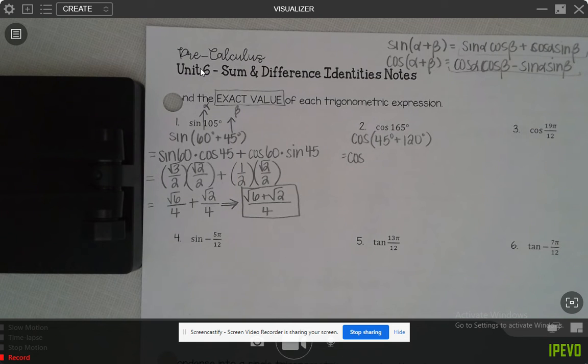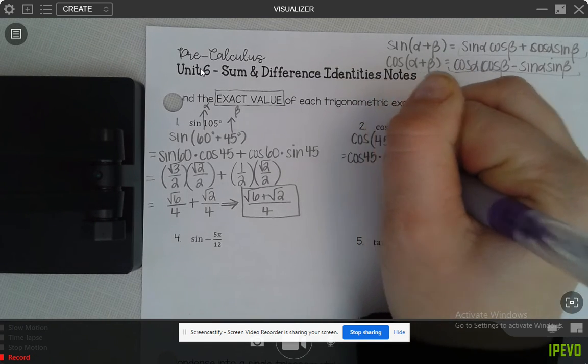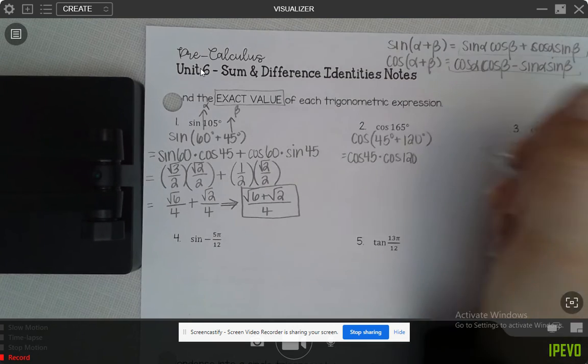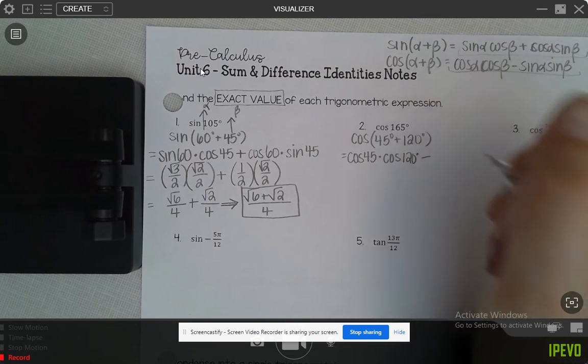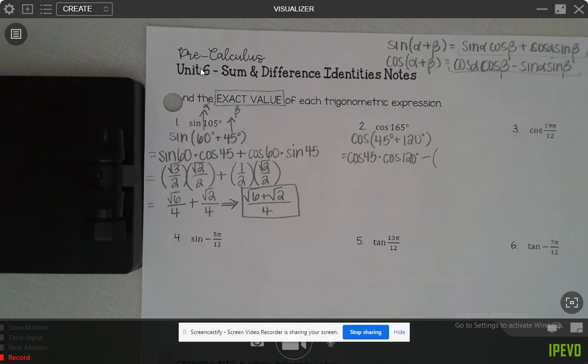What's alpha? In our case, 45, times the cosine of beta, which is 120, minus. I will now put this in parentheses. Why am I going to put in parentheses? So you don't forget to distribute.